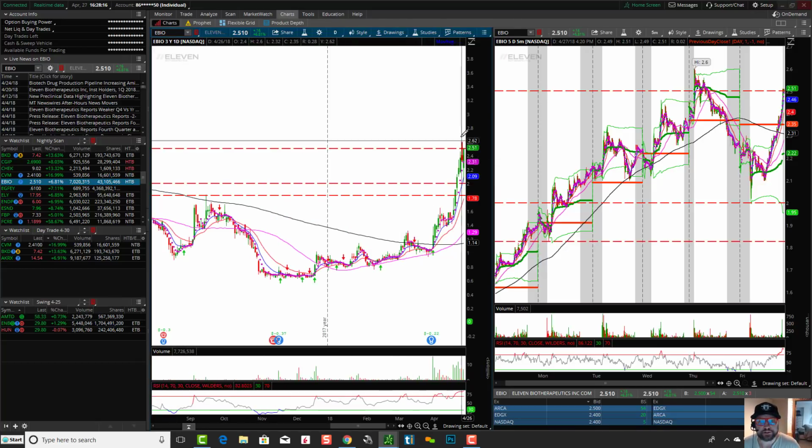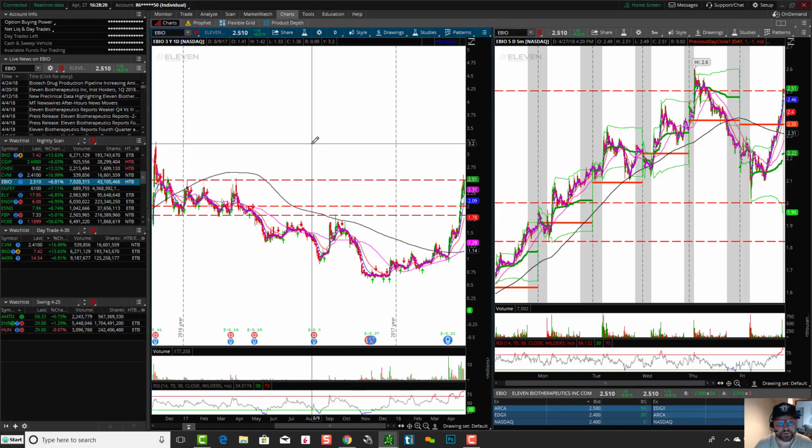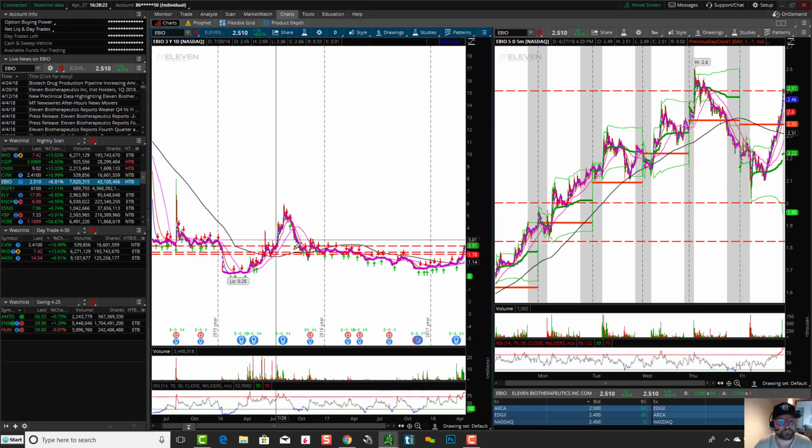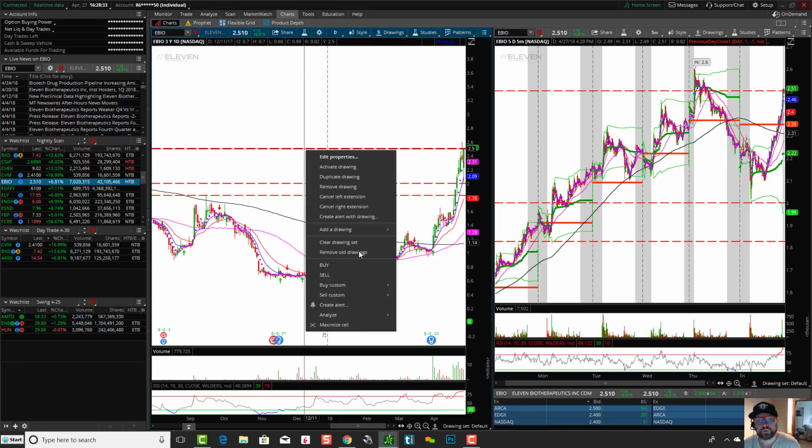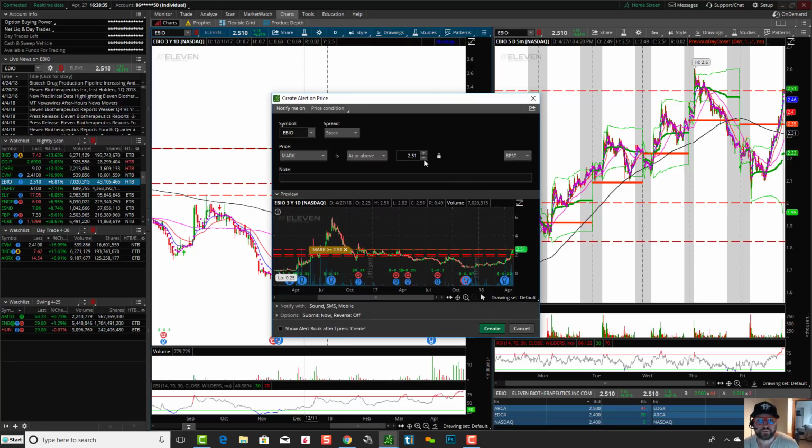So watch for it to potentially break out over 250. It's overextended, pull back a little bit, but it is a pumper and a dumper, right? So let's see if it can move up further. $251 at or above.